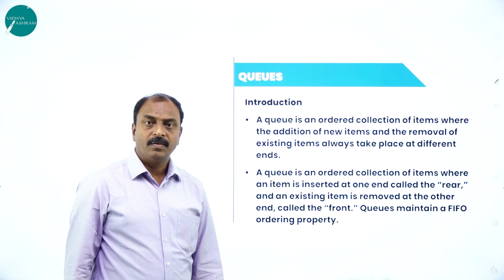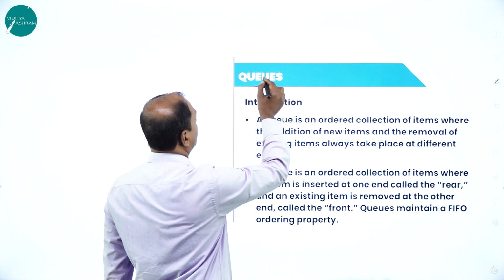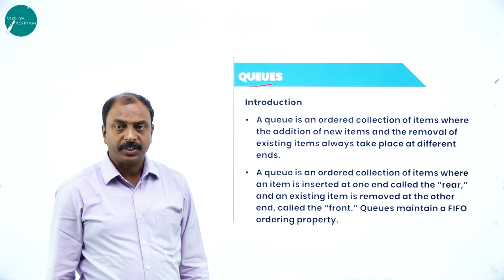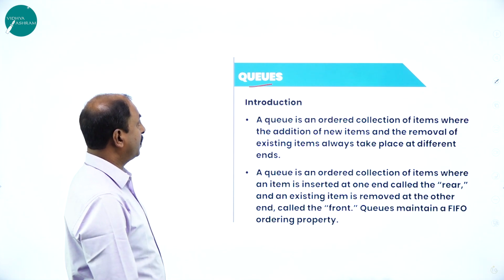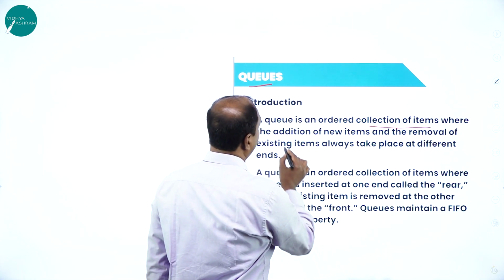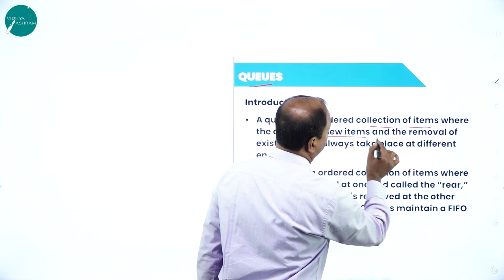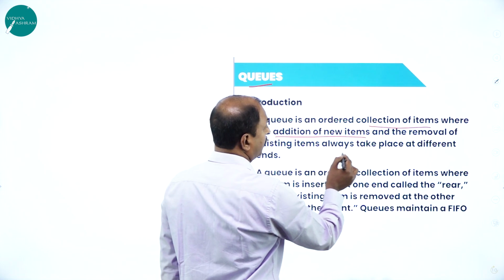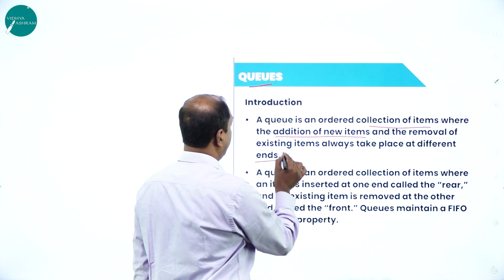Now in the next slide, we will talk about queue. Queue is another data structure. What is its definition? It is an ordered collection of items where addition of a new item and removal of an existing item always take place at different ends.